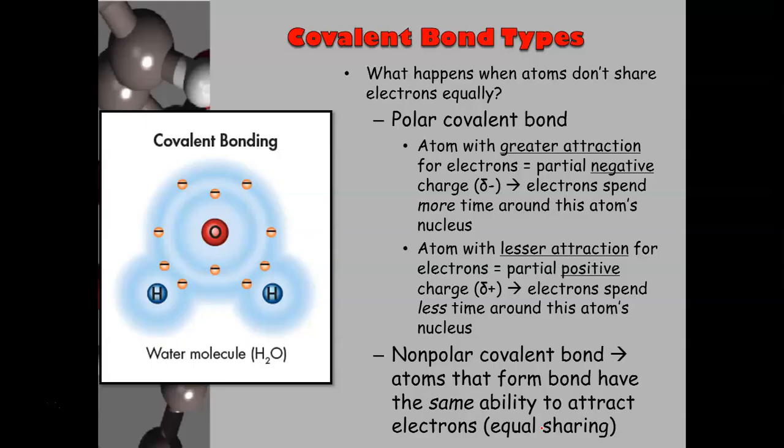Polar covalent is more like that traditional custody arrangement where you've got the kids spending Monday through Friday with one parent because that's where they go to school and they need to be in that household at that period of time to make sure they get to school every day. And then the other parent sees them on the weekend because that parent lives somewhere else.